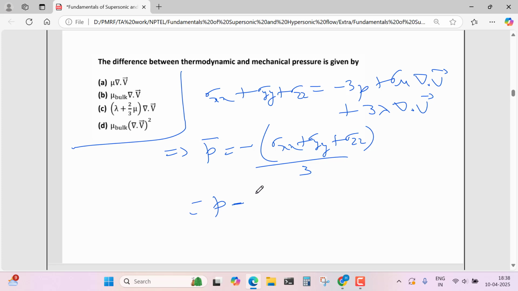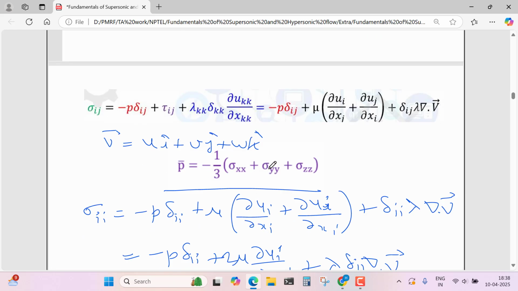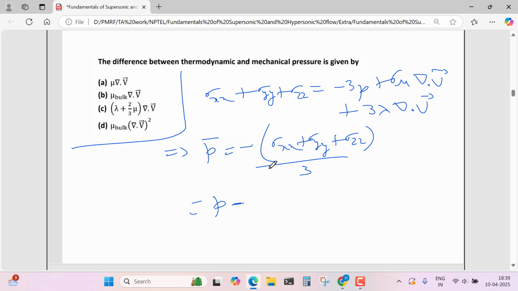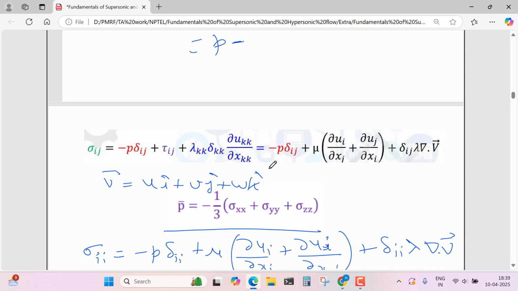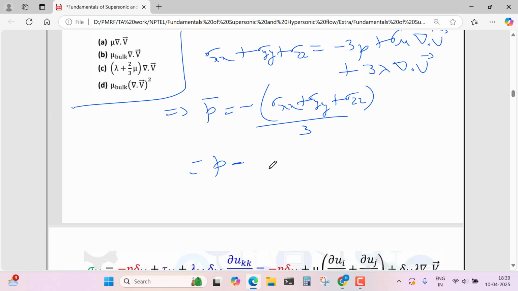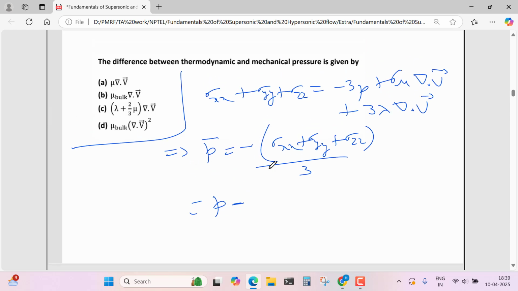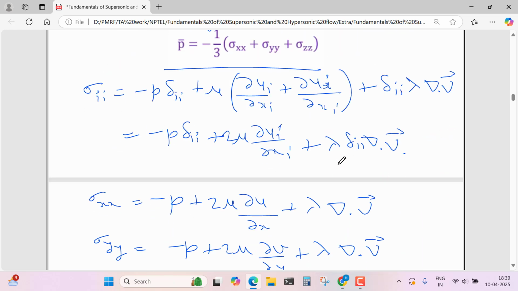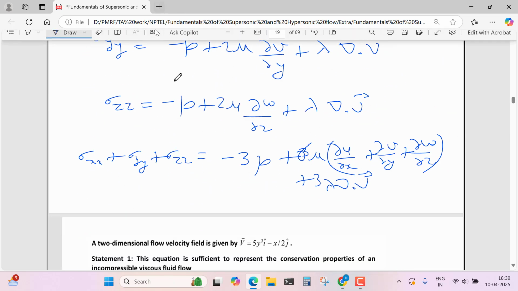P minus 2 mu plus lambda. One mistake I have made.